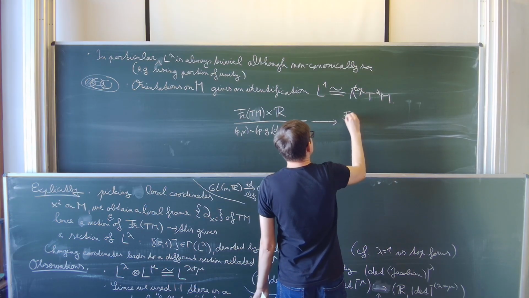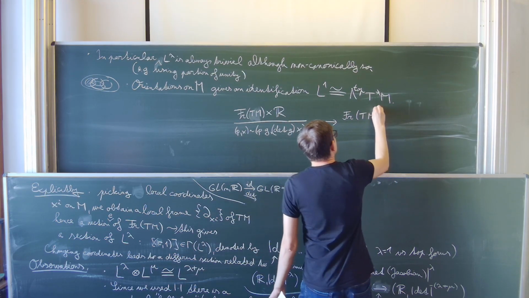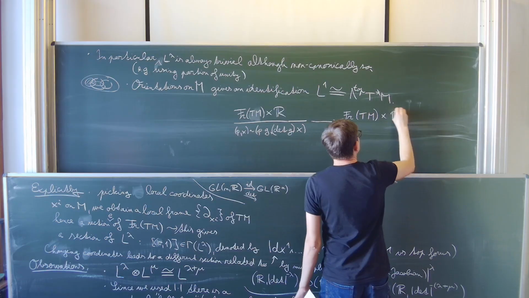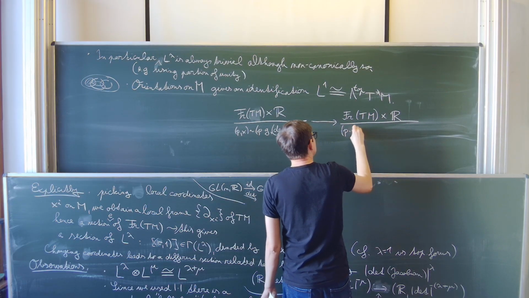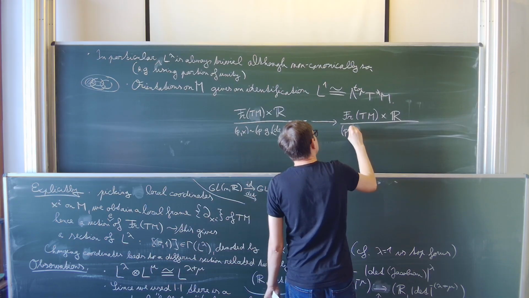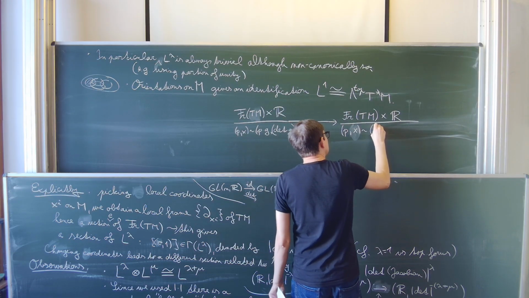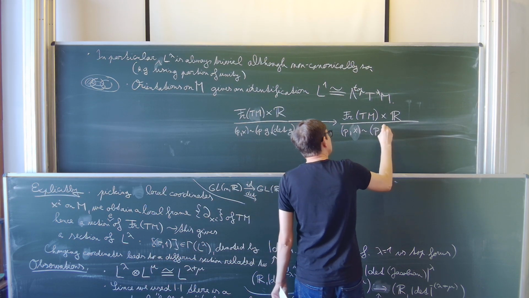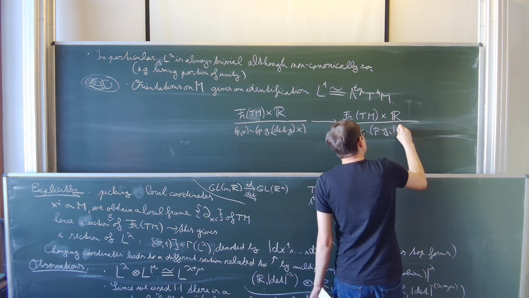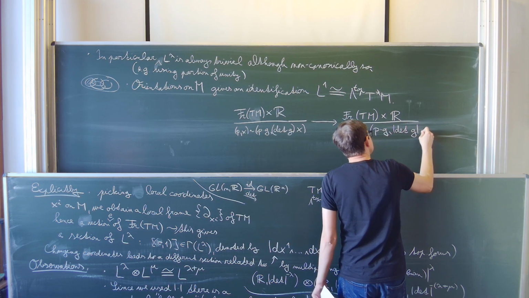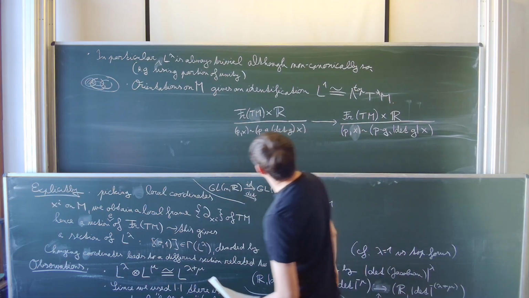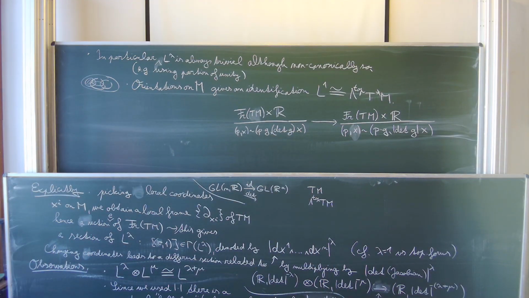Now we want to build a map to the bundle of densities, which is the same thing except there is an absolute value. Any idea what this could be?